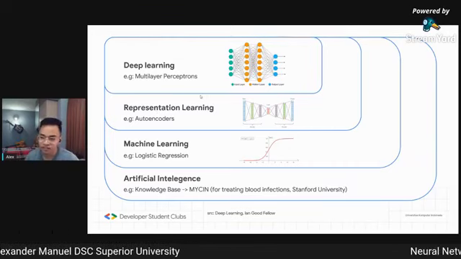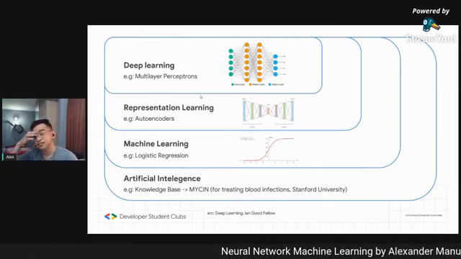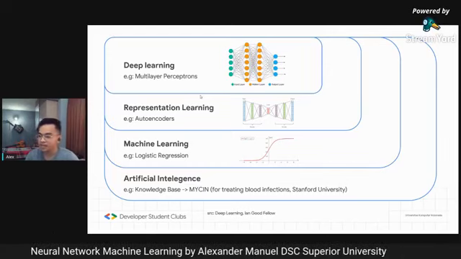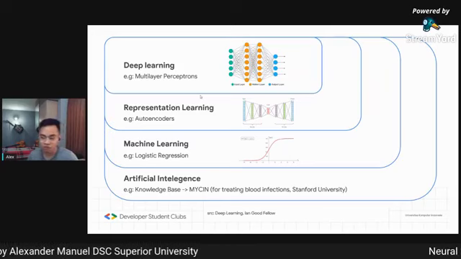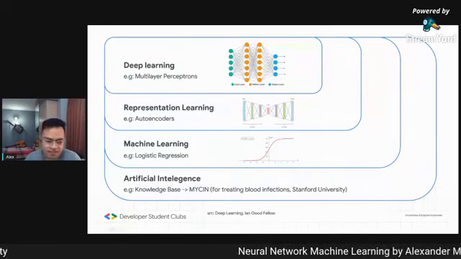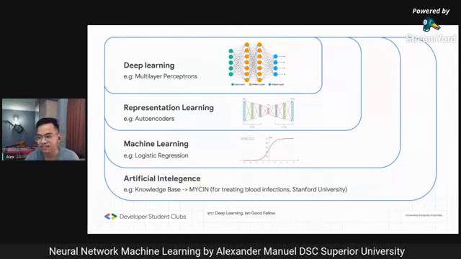In terms of artificial intelligence, it's as simple as a program that has a knowledge base. For example, the program called Mycin for treating blood infection, back in somewhere in the 90s.